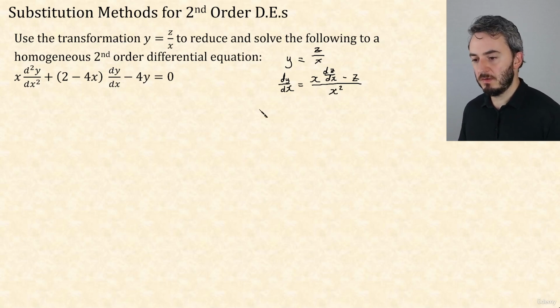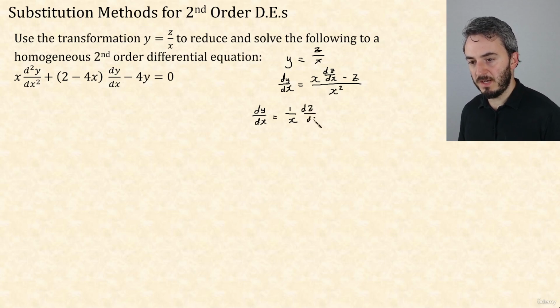Can we simplify this at all? Well, since we're going to have to differentiate it again, I would actually split this up and have that's 1 over x times dz by dx minus z over x squared. Okay, let's differentiate it again to find d2y by dx squared. This is going to be a bit messy, but we'll cope.